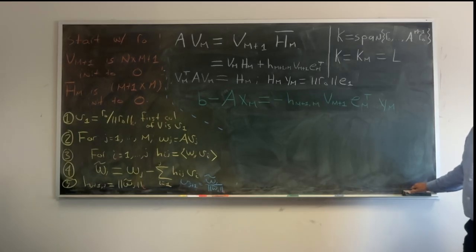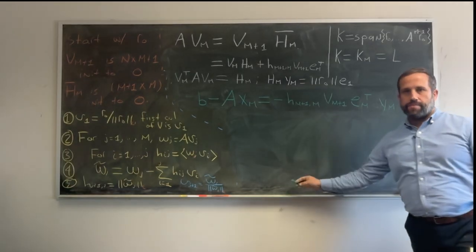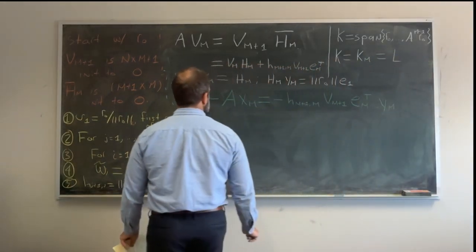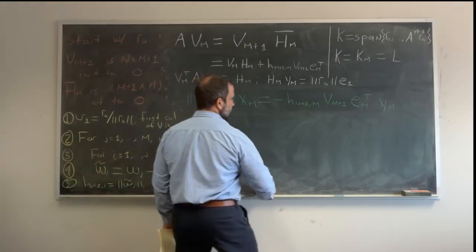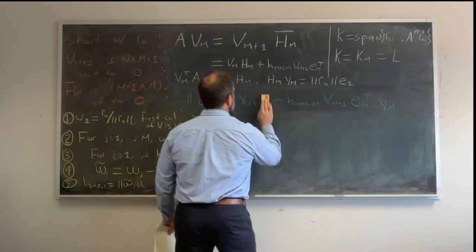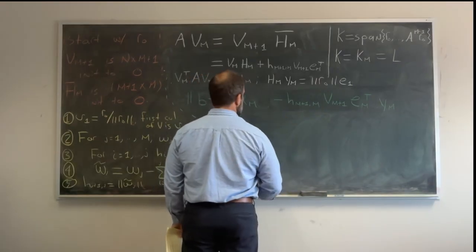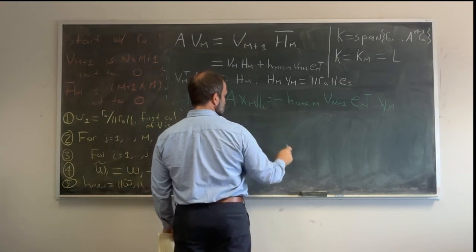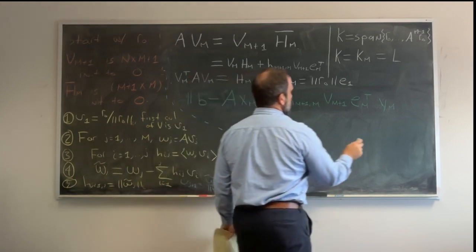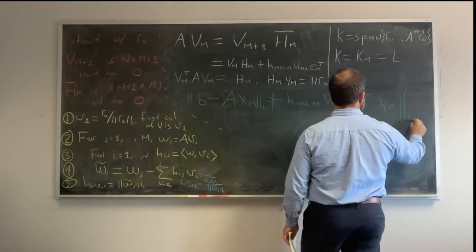Okay, so now this tells us two things. One, it gives an indication that the direction of the residual is going to be in this VM plus 1 direction. But another thing we can do is compute the Euclidean norm of both sides of this, that is just the standard 2 norm.